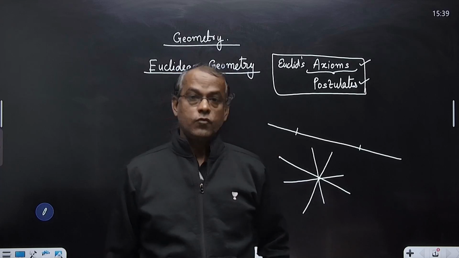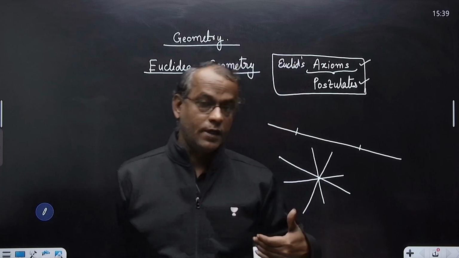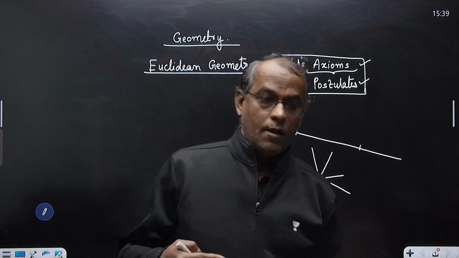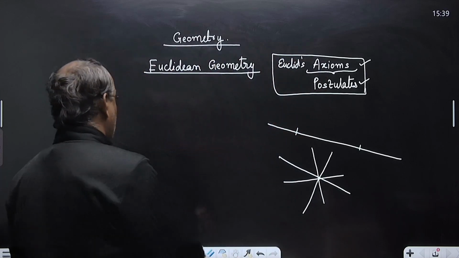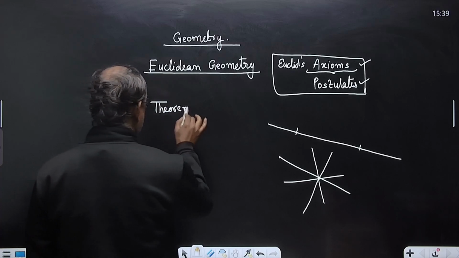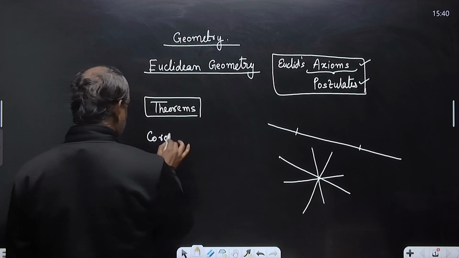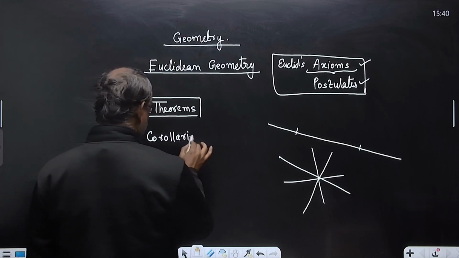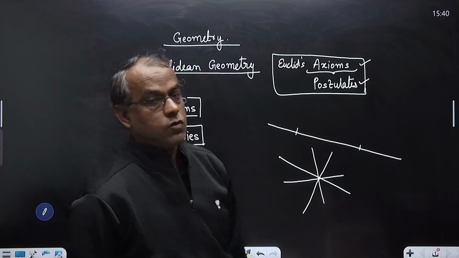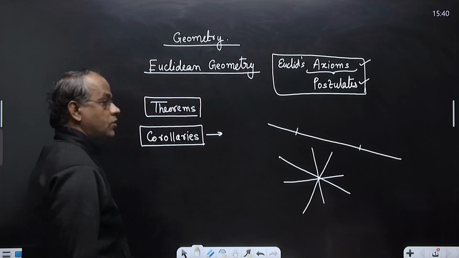Theorems always require proof, where we use axioms which we have already taken for granted, and then we apply them. So we must have a notion of what theorems mean. Then we have corollaries. Corollaries are something which can be established easily from the theorem.